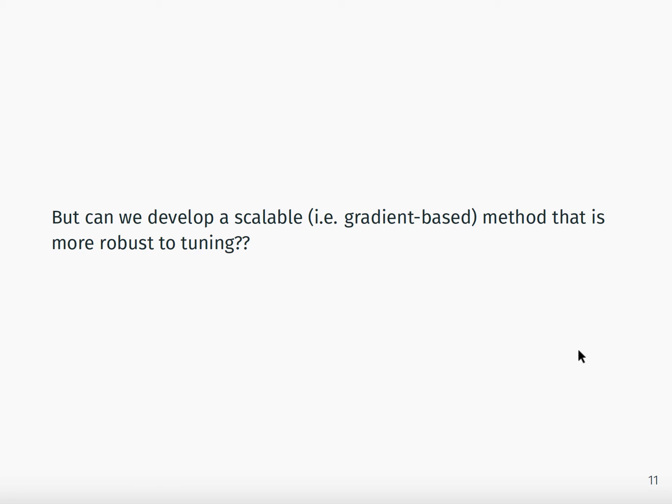So a natural question, having done this analysis, is to say, well, okay, now we can see that gradient-based methods seem to be a bit less robust, but we also know that they're a little bit more scalable. So can we get the best of both worlds? Can we develop a gradient-based method, something which has better high-dimensional scaling, but that keeps this robustness to tuning of the random walk Metropolis?